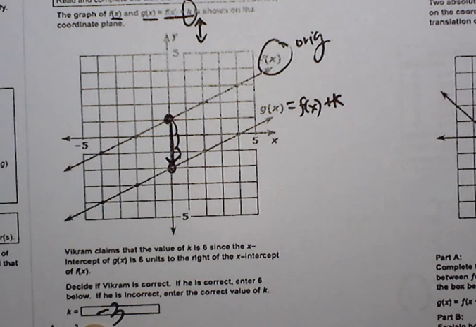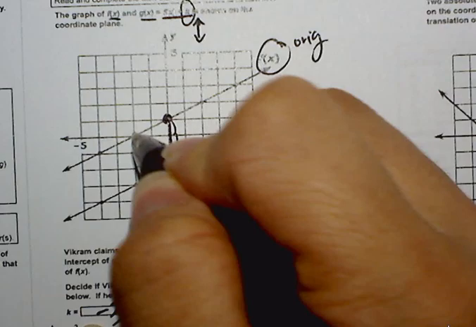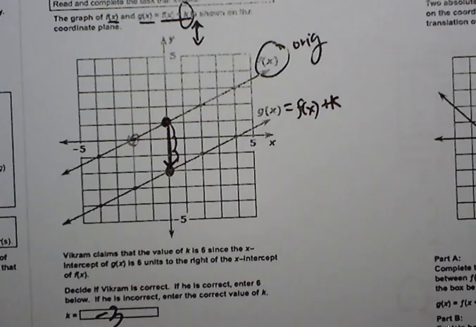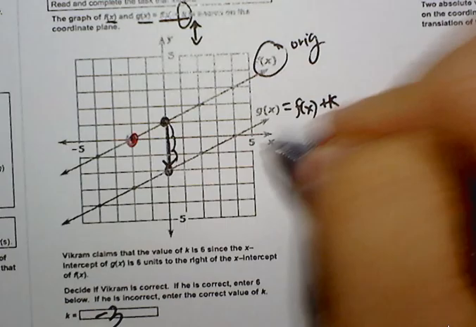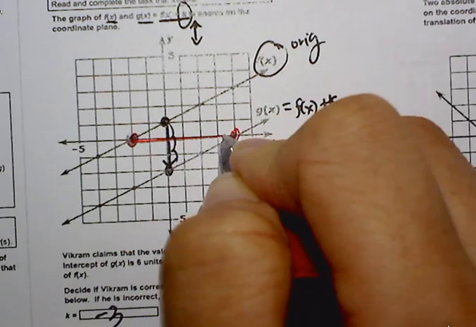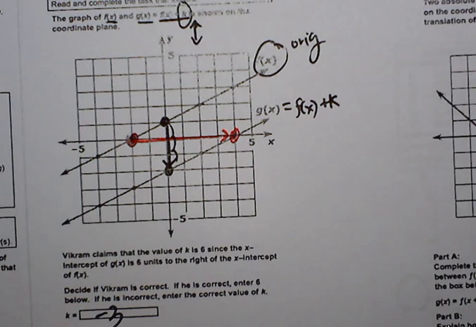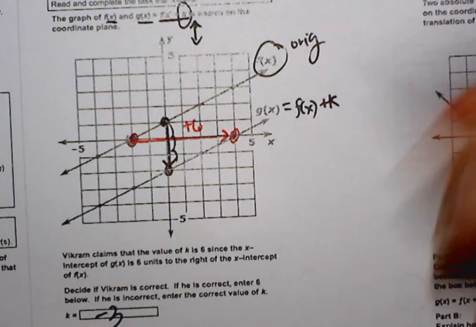Vikram was looking at the y-intercept, and Vikram said, hey, look, the y-intercept moved that way, right? So he wanted to say that the shift was 6, but is this supposed to be a vertical shift or horizontal shift? Vertical.